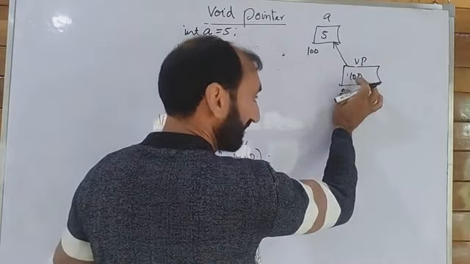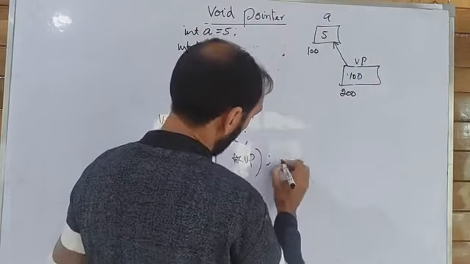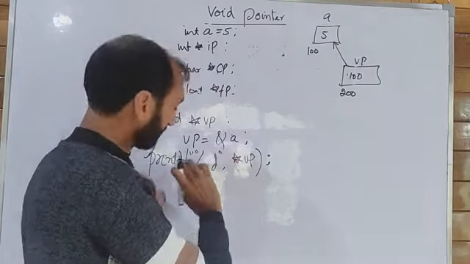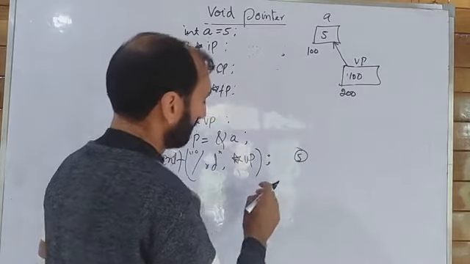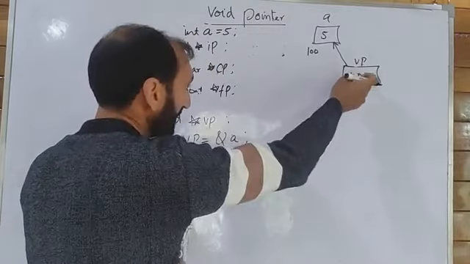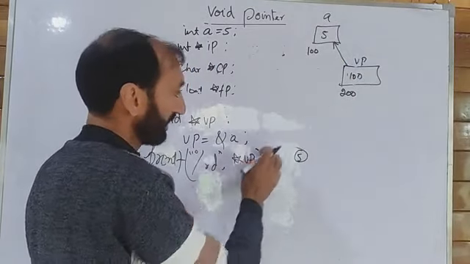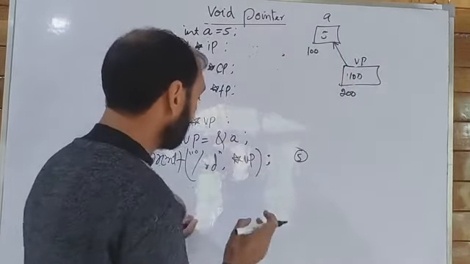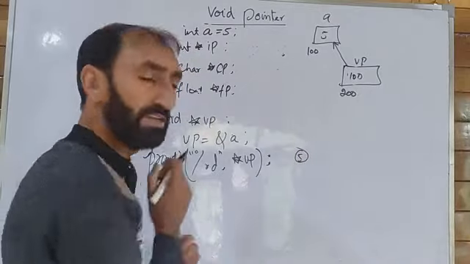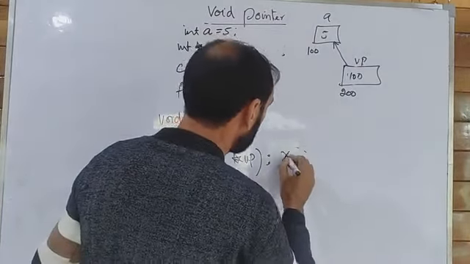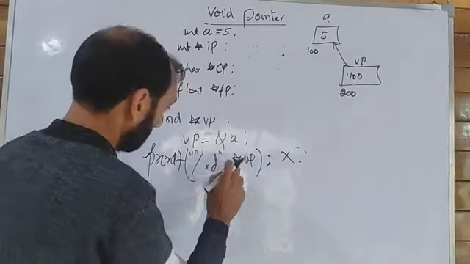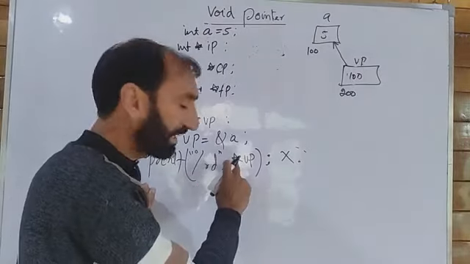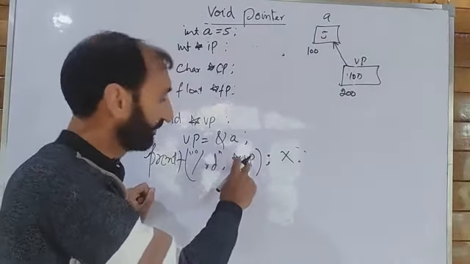The address is 100, and the value at 100 is 5. Normally the result of this instruction should be 5, but it will show an error. It is wrong. We cannot dereference the void pointer like this. We cannot use the dereferencing operator with the void pointer.